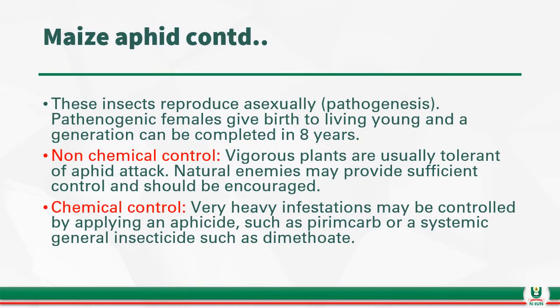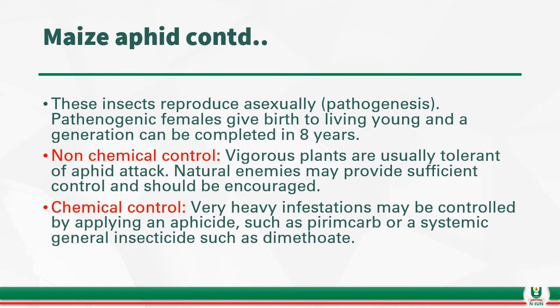How can they be controlled? The non-chemical method of controlling is to vigorously remove plants of aphid attack. Serious plants are usually tolerant of aphid attack. So when a plant is growing fast, it can escape the attack.